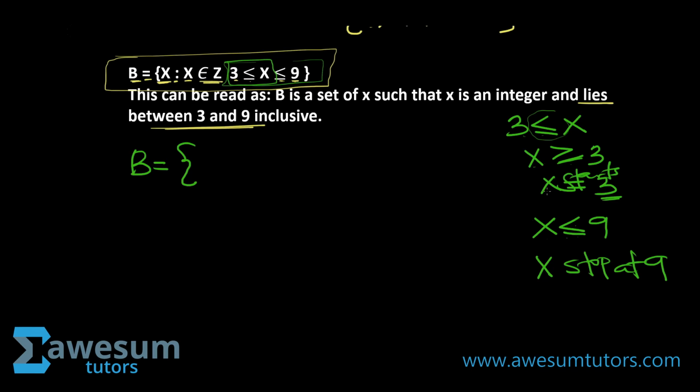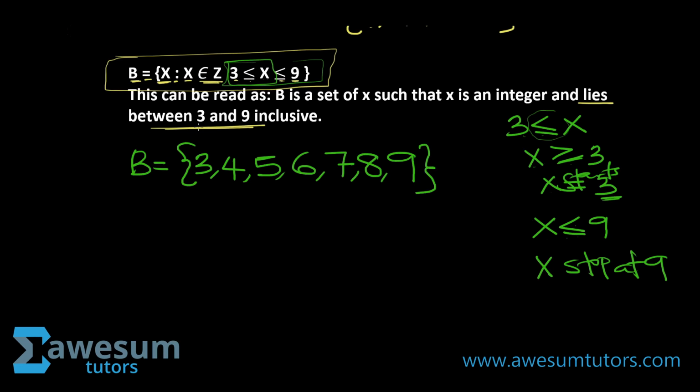And here we already established that x is going to start from 3 because of this equal to. So it's going to be 3, 4, 5, 6, 7, 8, and 9. Very good, guys.